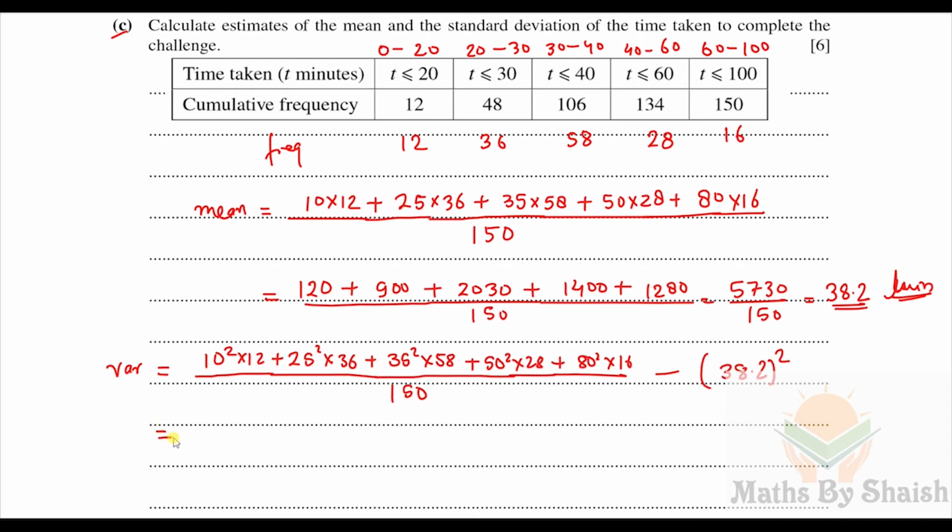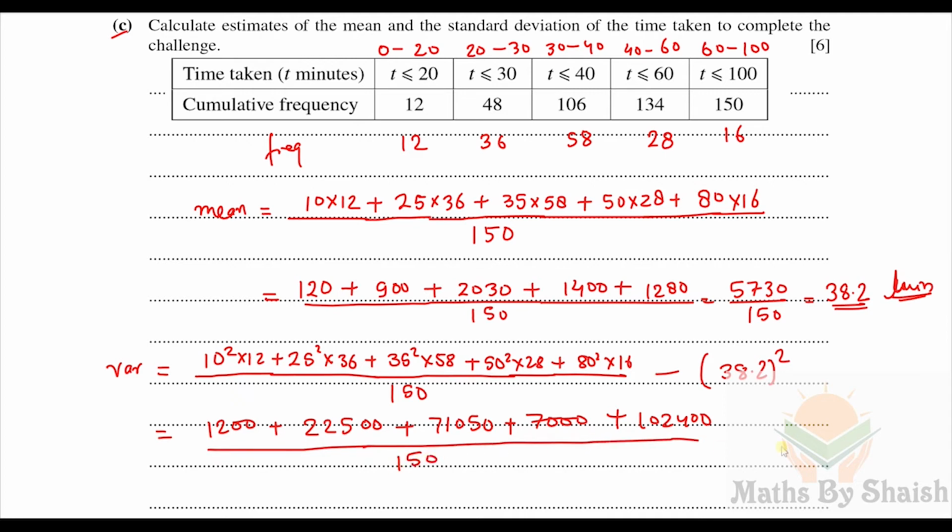Now it is going to be 1200 here plus 22500 plus 71050 (this we will calculate from calculator of course) plus 70000 plus 102400 now, and divide the complete thing by 150 and minus the square of this.